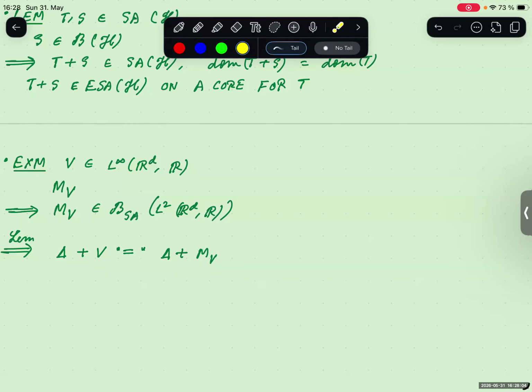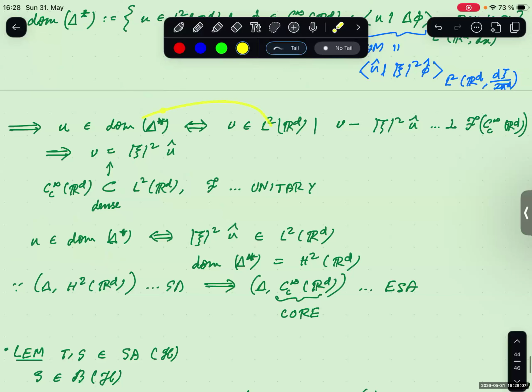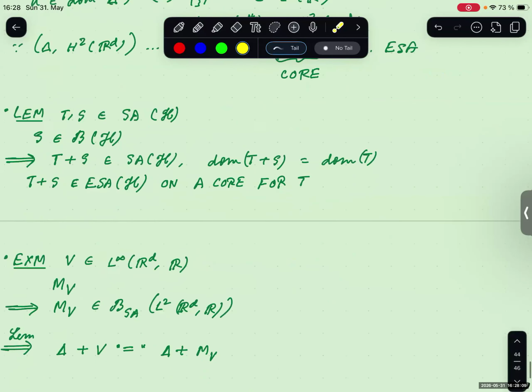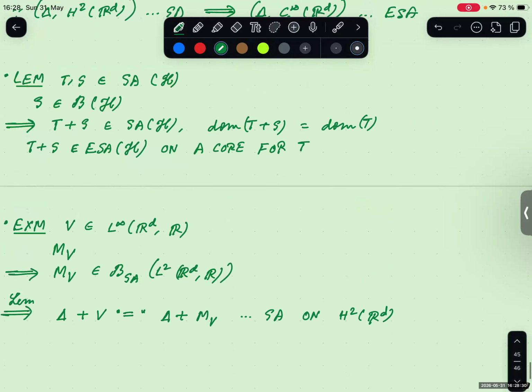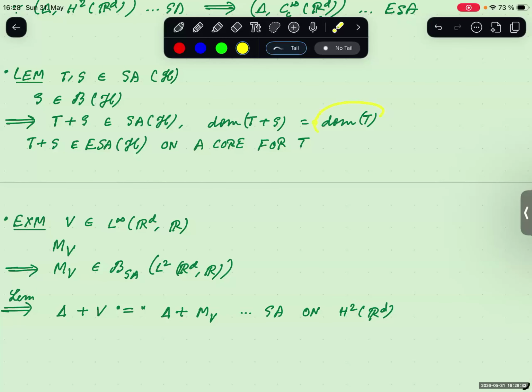So one approach can be we just follow what we have been doing here and then see. But this lemma tells that you don't need to work that hard. Rather, this lemma tells that this Schrödinger operator is self-adjoint on the Sobolev space. Why? Because this tells that the domain will be the domain of T. In this case, T is the Laplacian, and we have seen the Laplacian on the Sobolev space is self-adjoint.